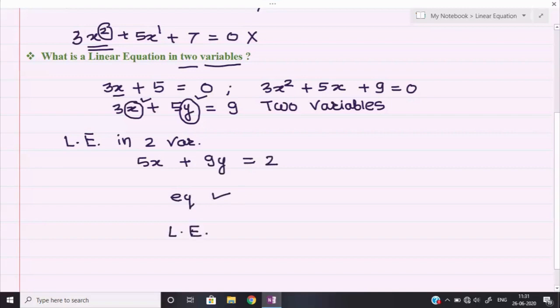Check the power of the variables. Yes, the power of this variable and this variable, since it is not mentioned, is supposed to be 1, and hence it is a linear equation. Is it a linear equation in two variables? That we can check. So first of all, see, I have here one variable x and a second variable y. So yes, it is a linear equation in two variables.